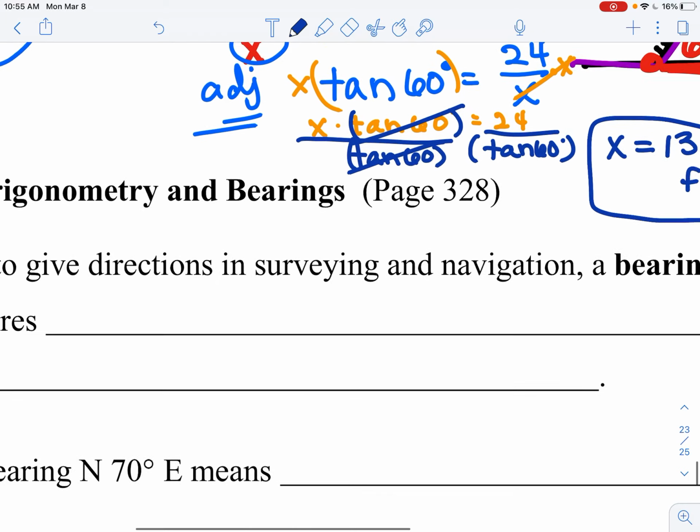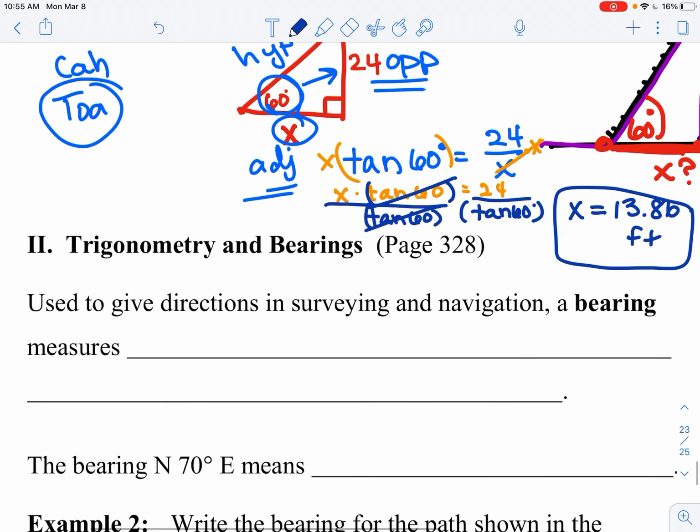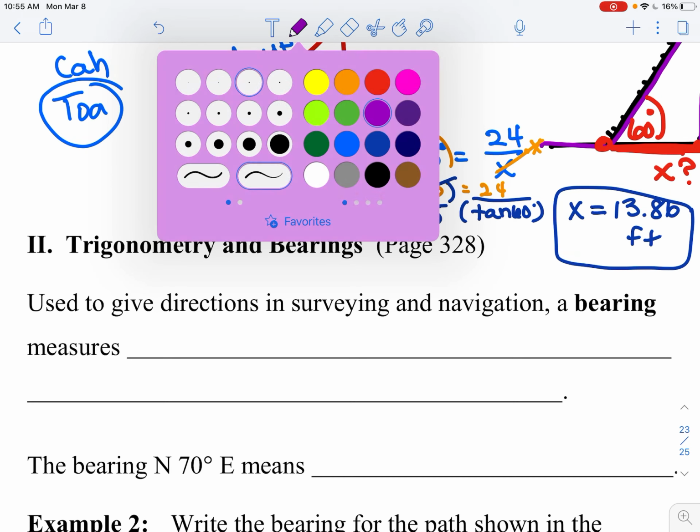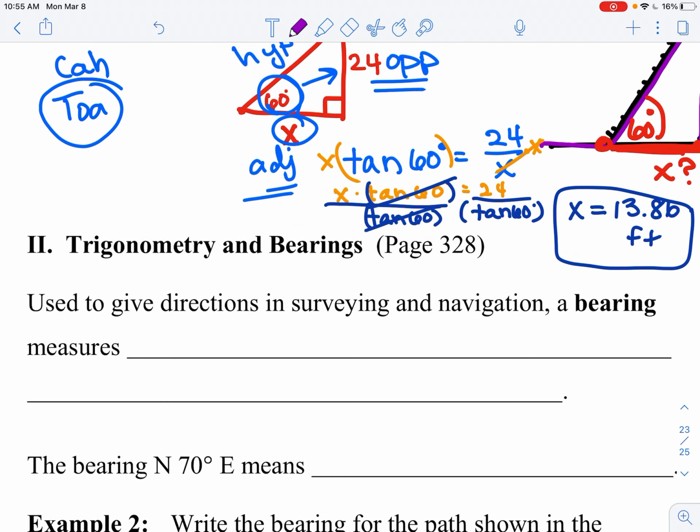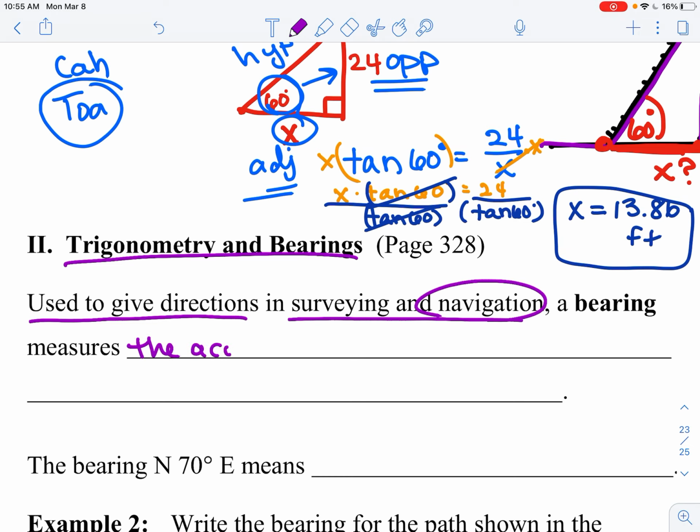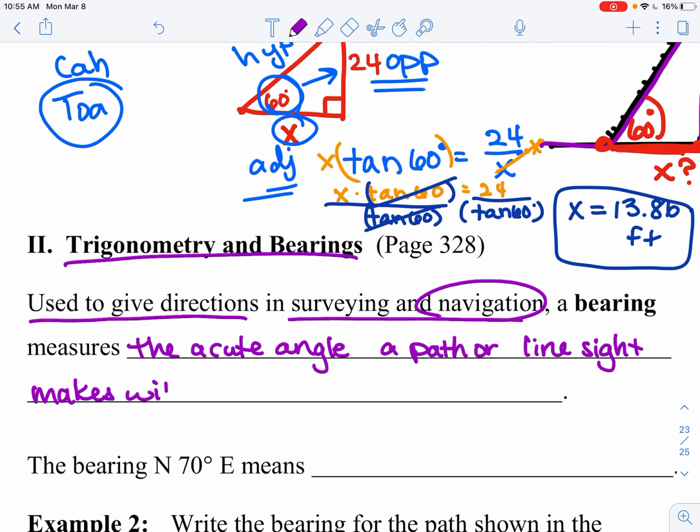Okay, and now we're going to talk about trigonometry and bearings. So here's what that means. Trigonometry and bearings are used to give directions in surveying and navigation. A bearing measures the acute angle that a path or a line of sight makes with a fixed north or south line.